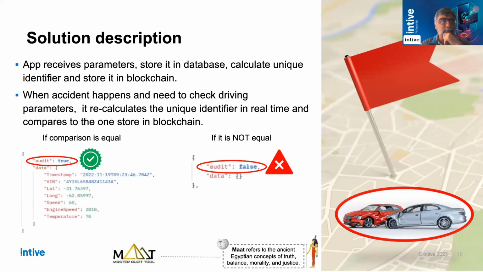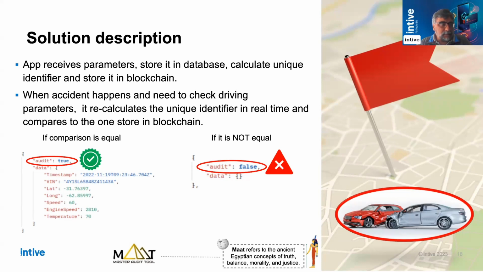It receives the parameters, we store them on the database, and then we calculate the unique identifier and store it on the blockchain. When the accident happens, we gather all this data recorded over time with the unique identifiers provided, and we can compare whether the stored data was tampered with or not.